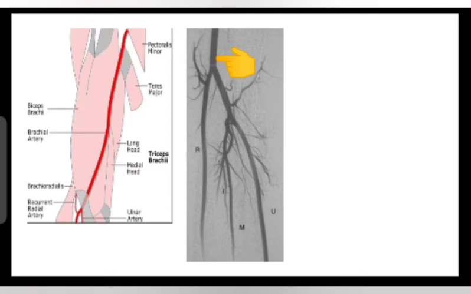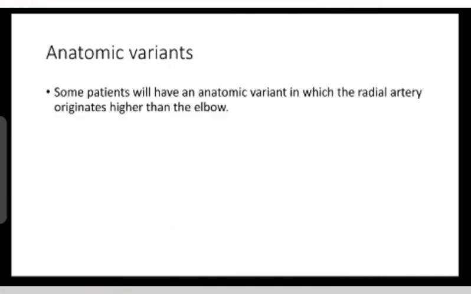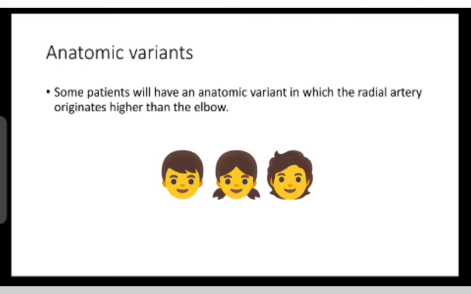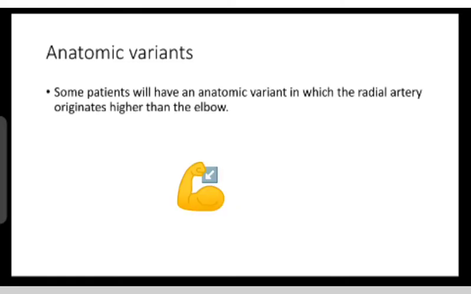Here is the diagram and the angiographic image of the brachial artery dividing into radial and ulnar arteries. Some patients will have anatomic variants, and the most common variant is the radial artery originating higher than the elbow.